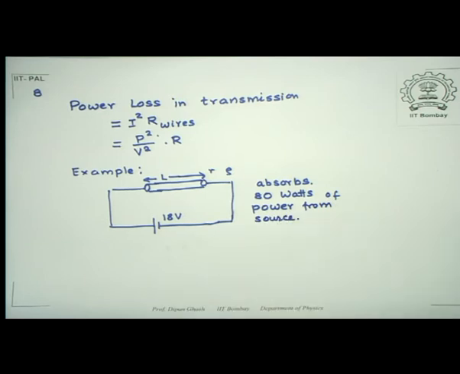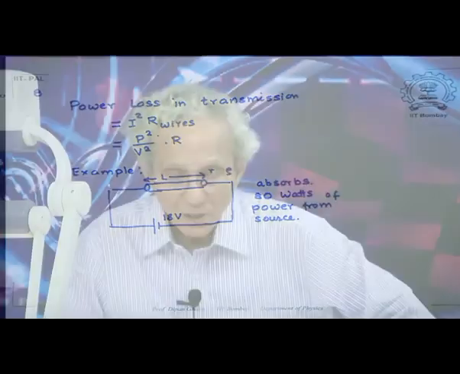Now my question is this: supposing this resistance wire, you take it out and draw it to another resistance uniformly, which has 4 times the length. Then what statement can I make about how much power is absorbed from the source?